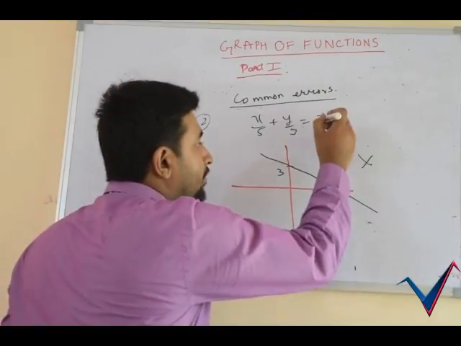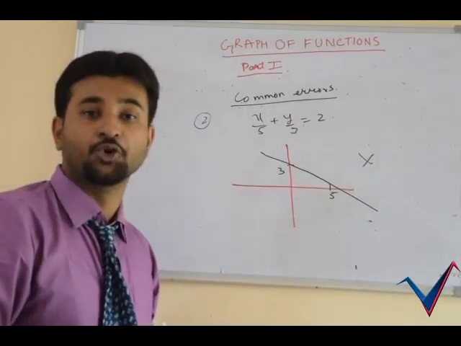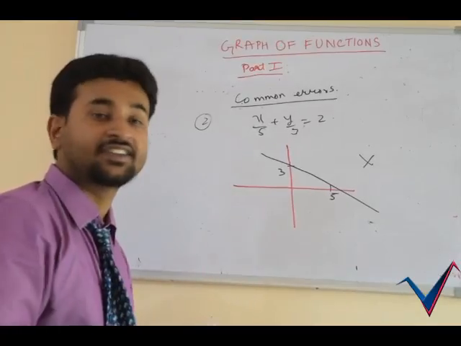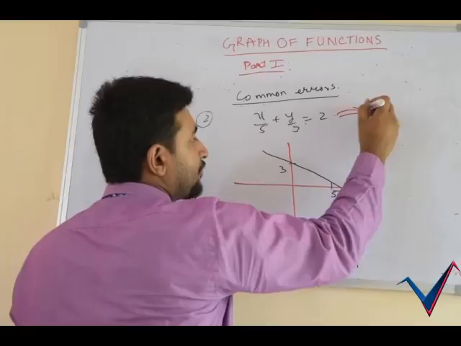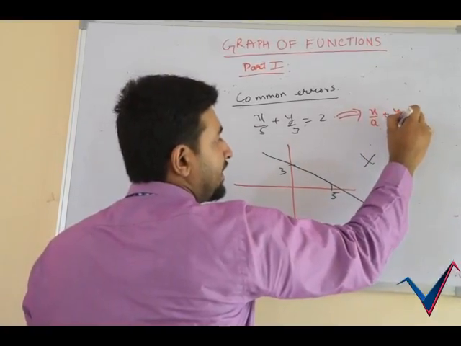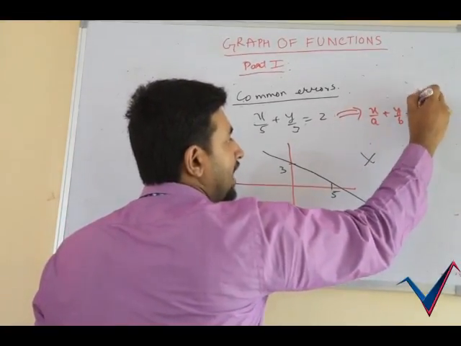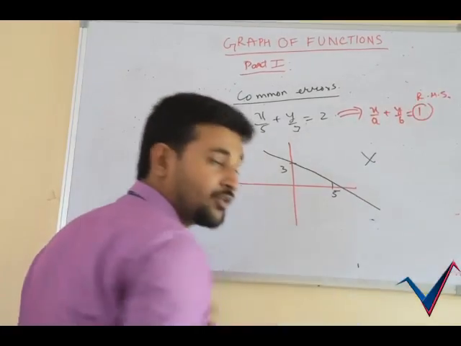Why is it wrong? Because on the right-hand side you have 2, and the equation we had studied had 1 on its right-hand side. So for making it in this form, x by a plus y by b equal to 1, you need to have the RHS as 1 only.